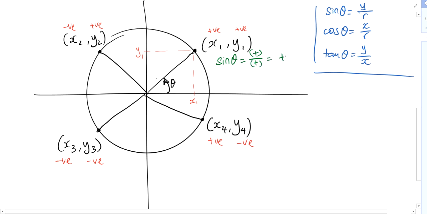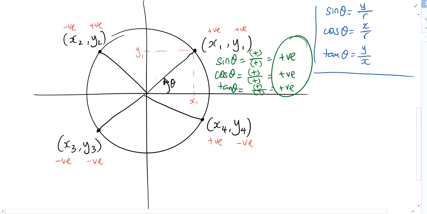So sine theta is positive. Let's do the same for cosine theta. Positive or negative answer? Positive over positive, so we get positive. Tangent theta, positive over positive gives me positive. So in the first quadrant, sine, cosine, tangent are all positive.